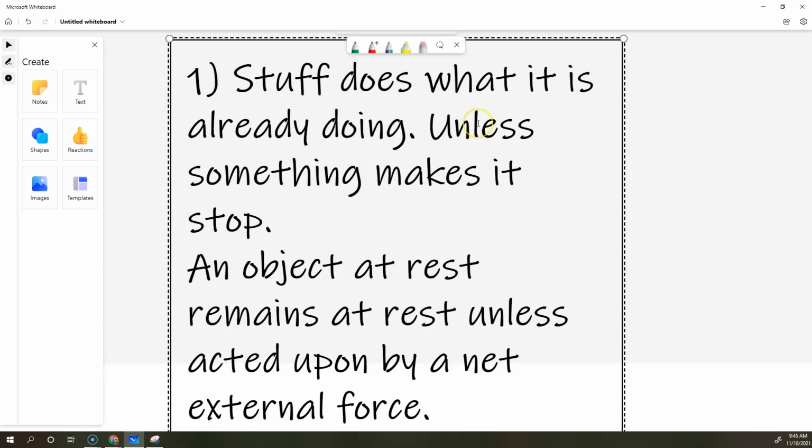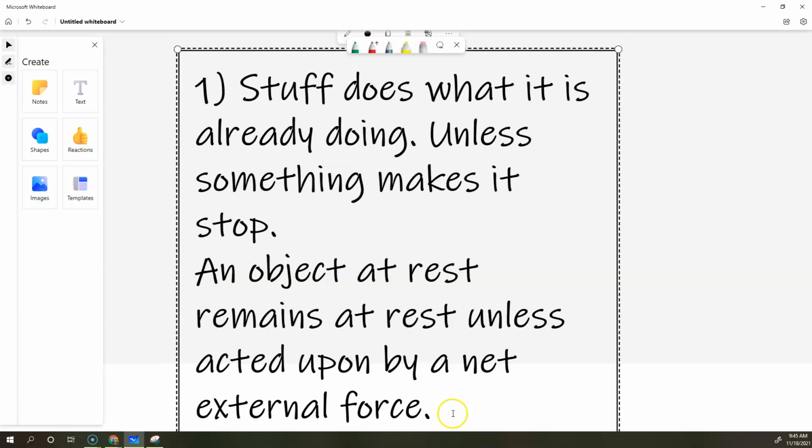Stuff does what it's already doing. So it's at rest, it's going to keep staying at rest, unless something else makes it stop. And when I say the word stop, I mean change what you're already doing. So if you're at rest, stop being at rest, now you're going to be in motion. If you're in motion, stop being in motion and change how you're moving. An object is at rest, remains at rest unless acted upon by a net external force. We're going to talk about this, don't worry.